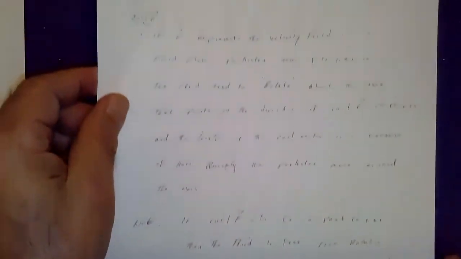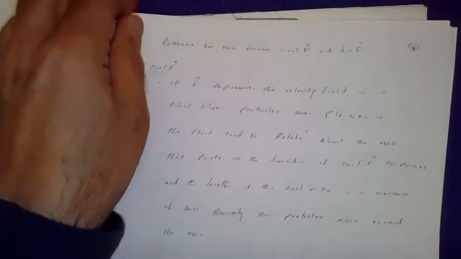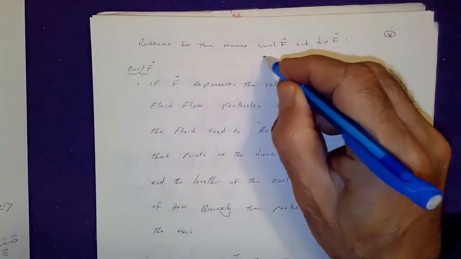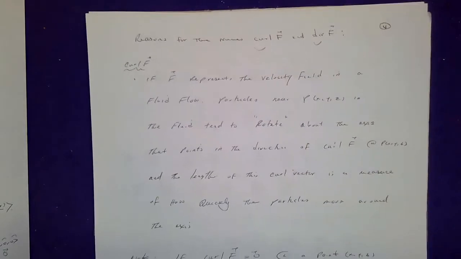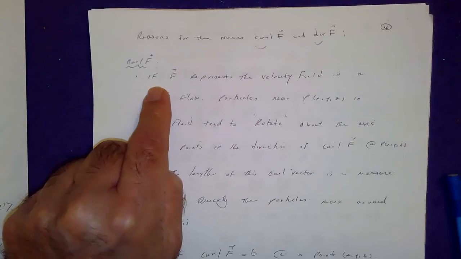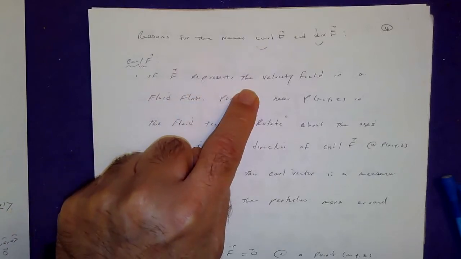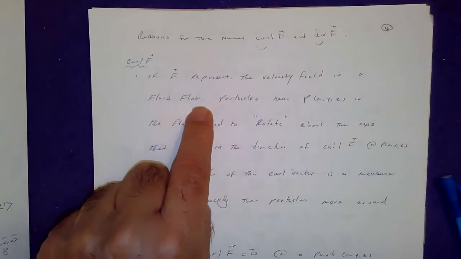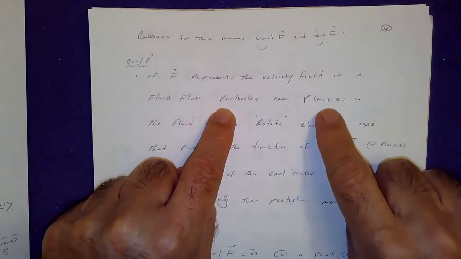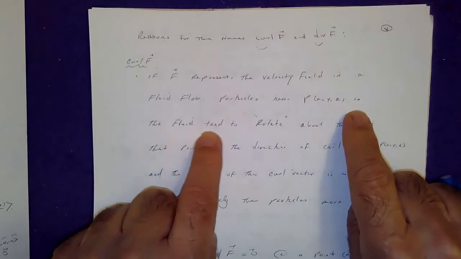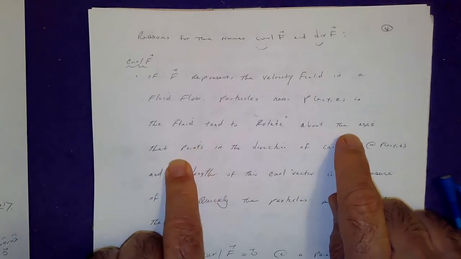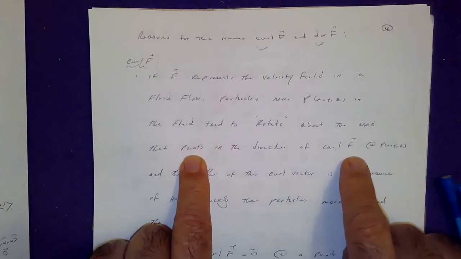Now the question is, where does the title curl come from? And divergence. Why do they call this curl and divergence? It turns out the word curl comes from the fact that if f represents the velocity field in a fluid flow, particles near a point x, y, z in the field tend to rotate about the axis that points in the direction of the curl of f.